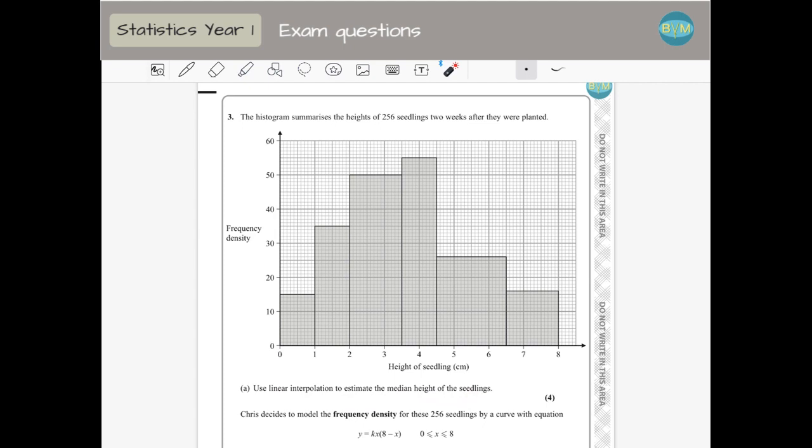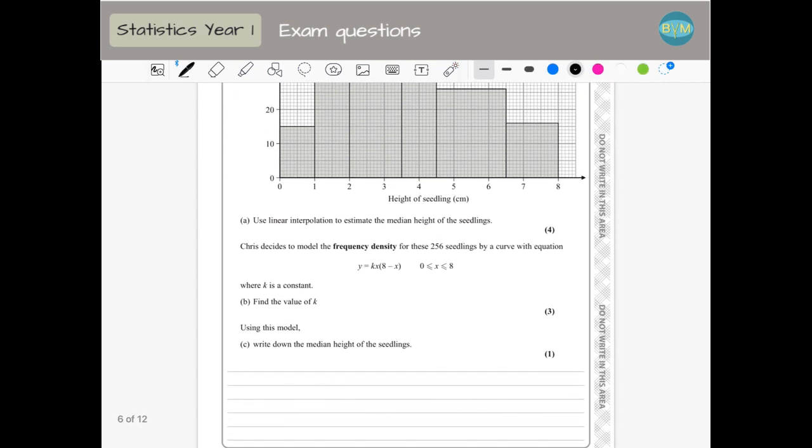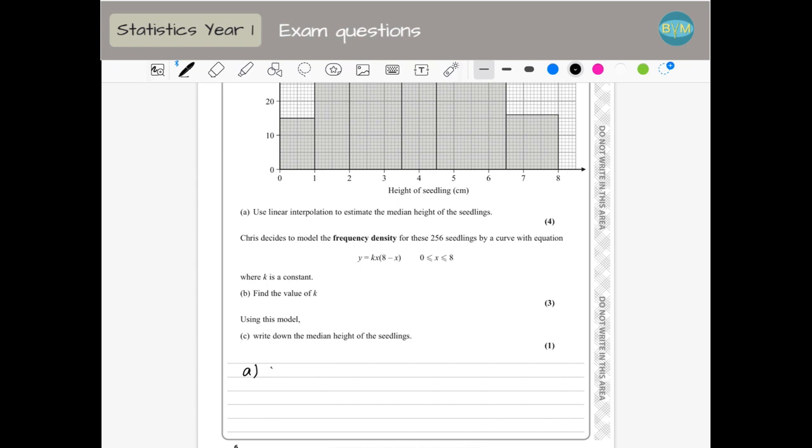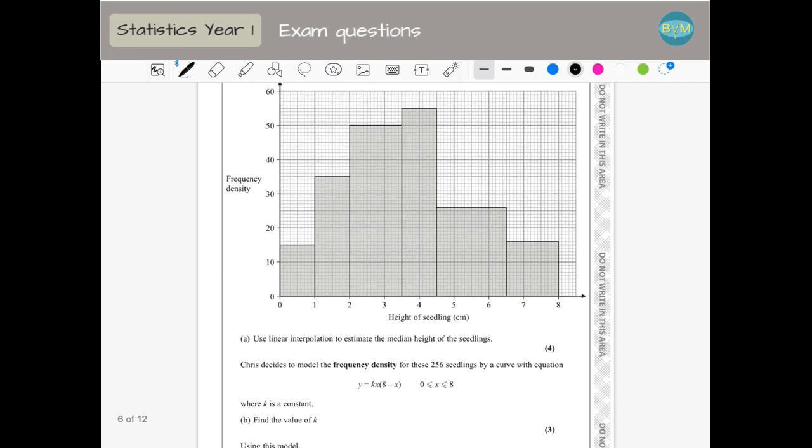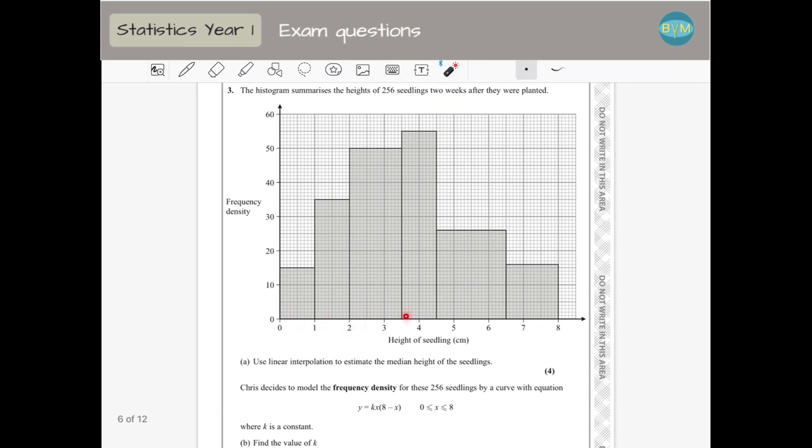Use linear interpolation to estimate the median height of the seedlings. So we have 256 values, which means our median would be our 128th value. So we need to see in which interval our median is. Up to here we have 15 values. Then we add another 35 and we have 50 values.